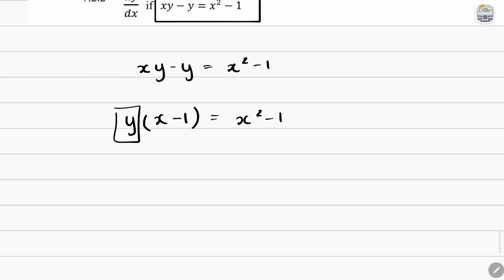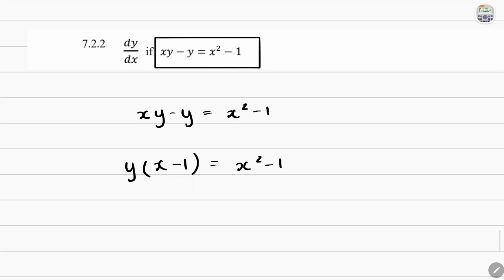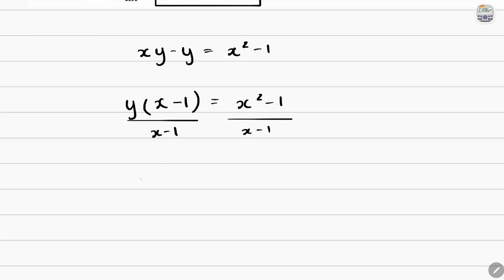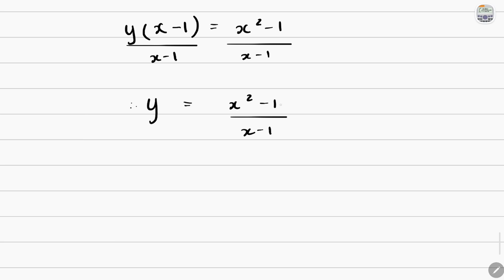And then to get y on its own so we can determine dy over dx, we're going to divide both hand sides of this equation by x minus 1. So we have y equals x squared minus 1 over x minus 1. Now, do you see that in the numerator and denominator we're going to have common factors because this can be factorized using difference of two squares.